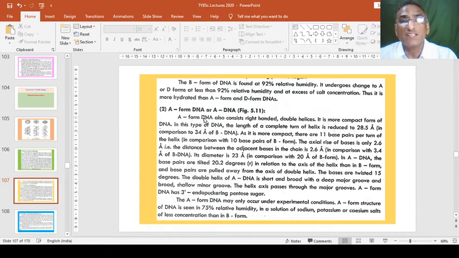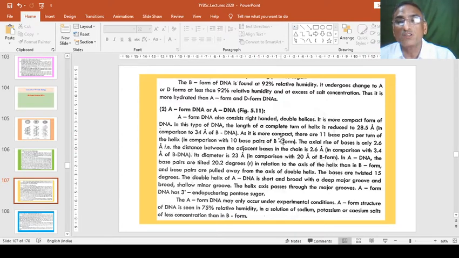A form of DNA, or A DNA, also consists of a right-handed double helix, but it is a somewhat compact or compressed structure of DNA, and in this type of DNA the length of a complete turn of the helix is reduced to 28.5 angstrom, whereas in standard B we have seen that it was 34 angstrom.